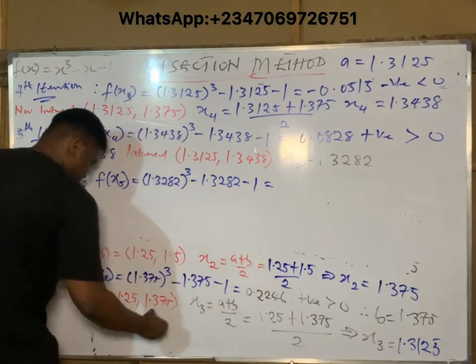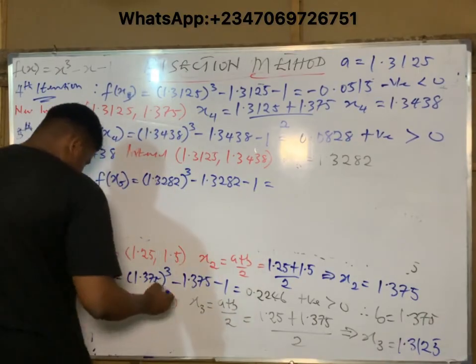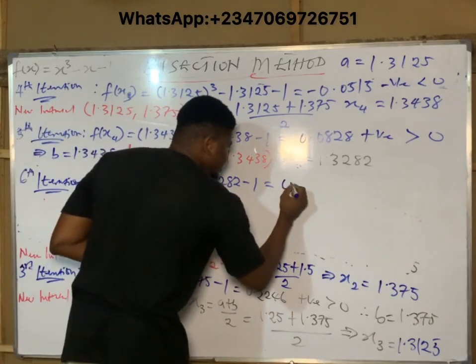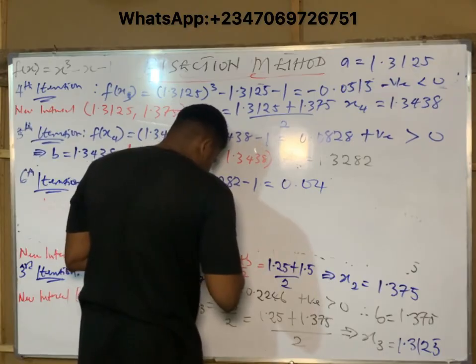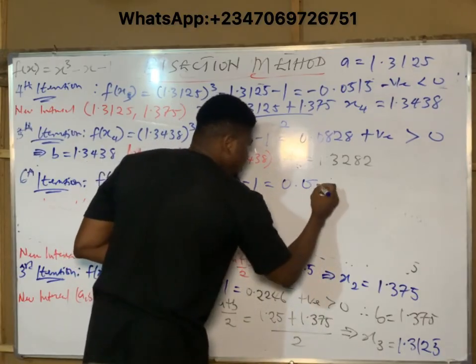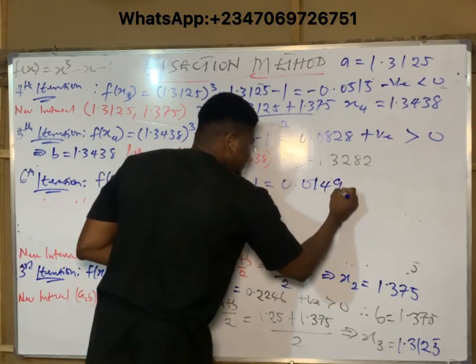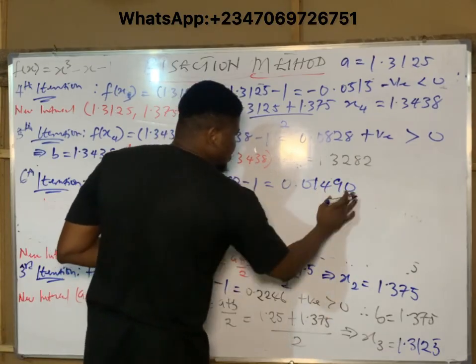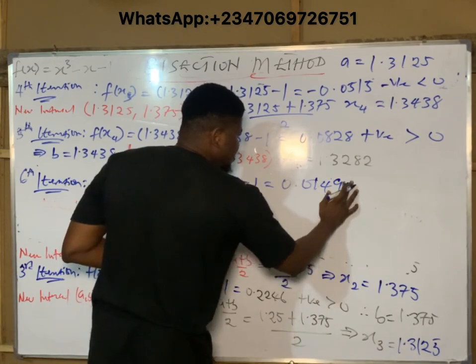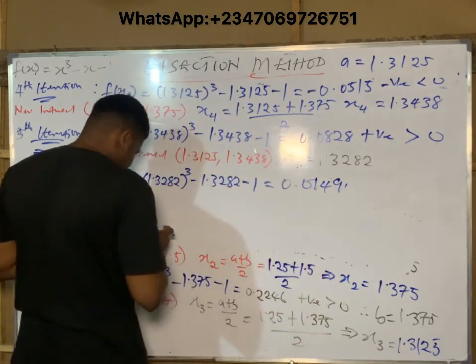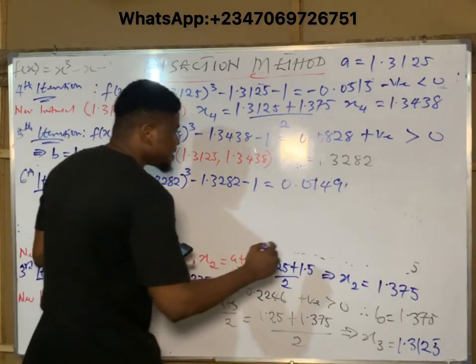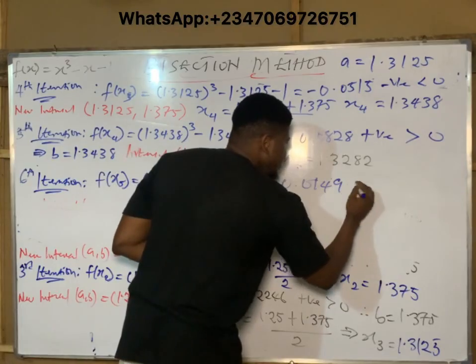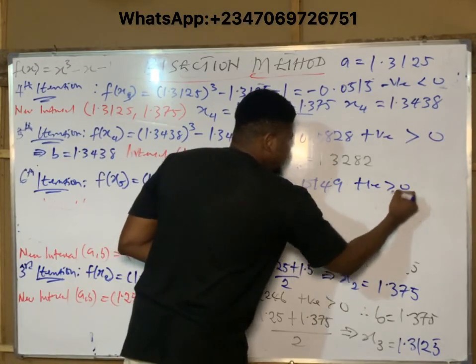So let's see what this value gives to us. That gives us approximately 0.0149. Now this value is positive and it is greater than 0.